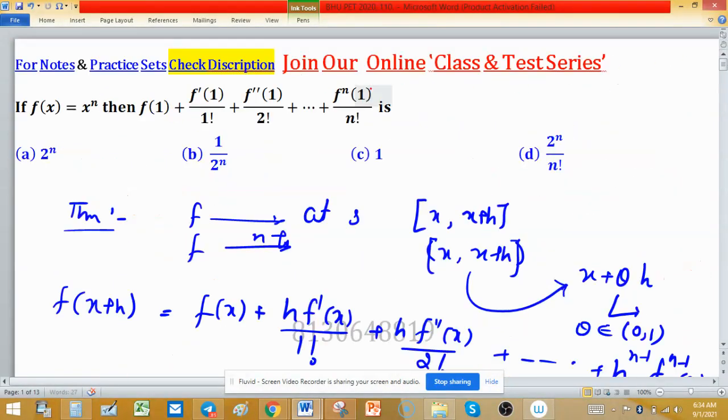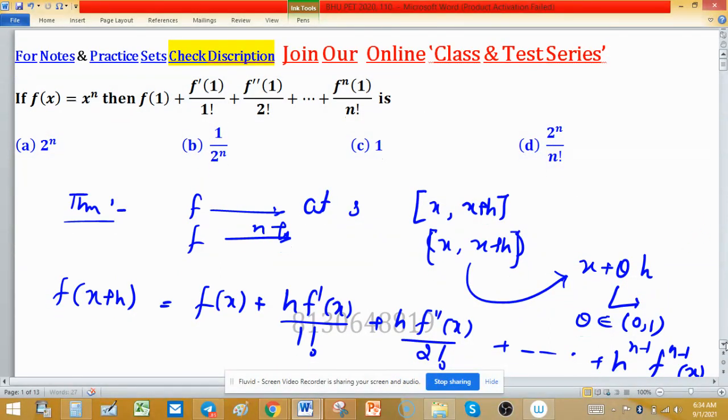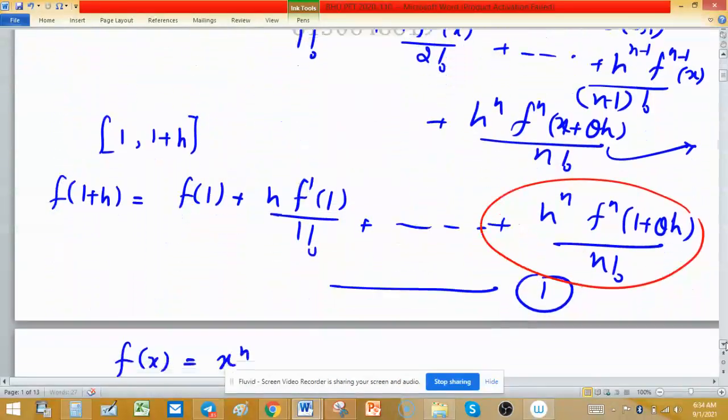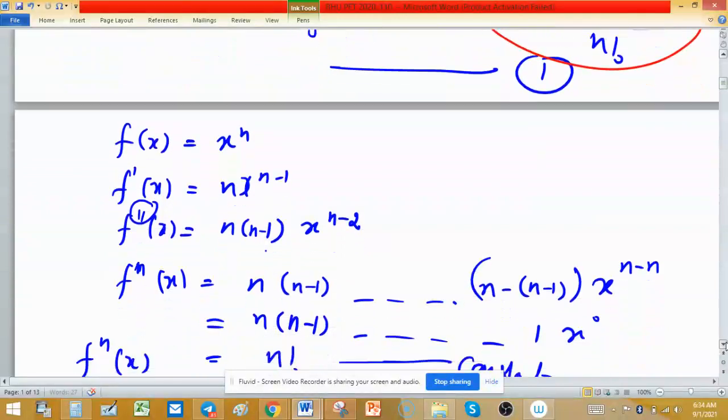But in the last of the asked problem, we have to find f^(n)(1). All remaining terms we obtained, but the last term we have to evaluate.